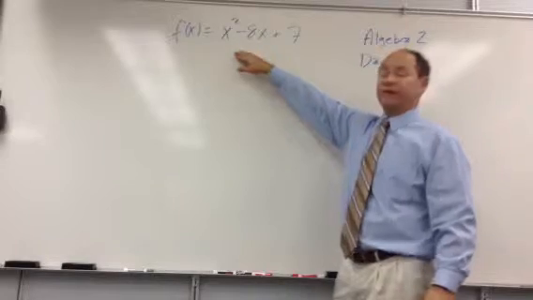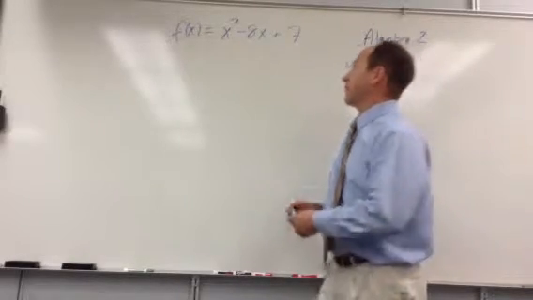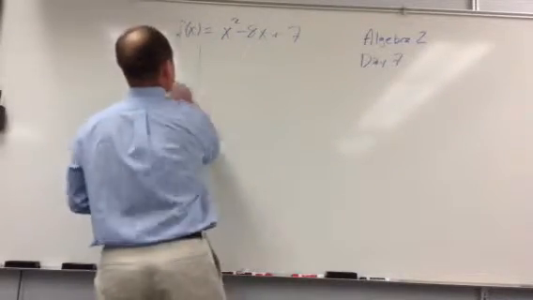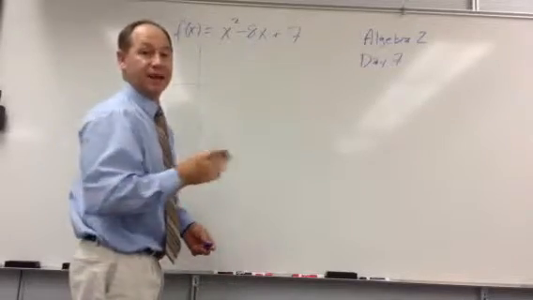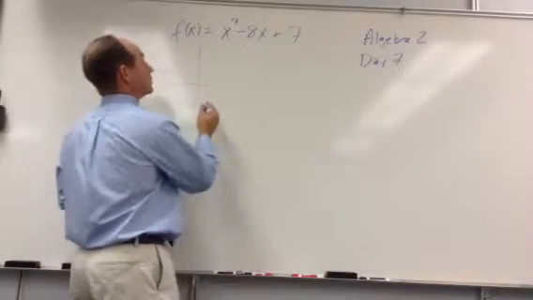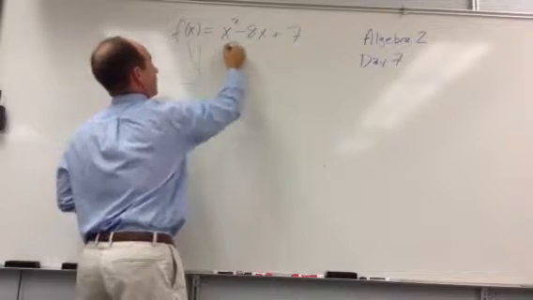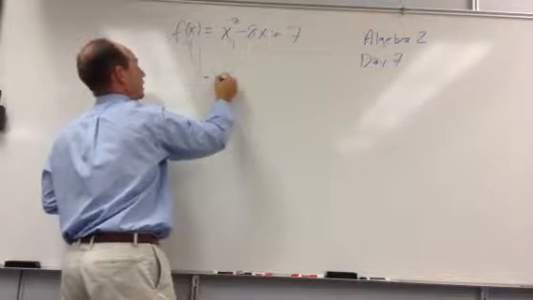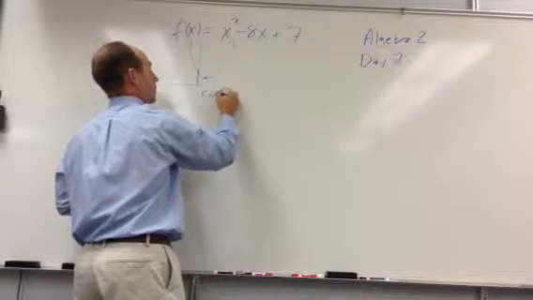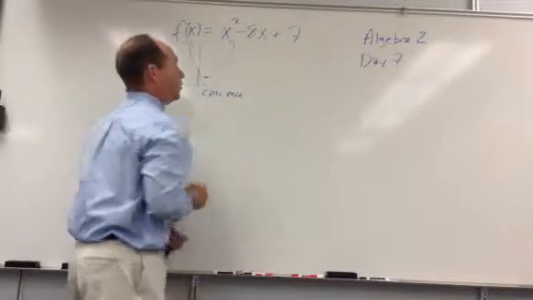We take a look at this f of x is x squared minus 8x plus 7, and you could go to your calculator and graph this, and it'll be something like this. Then you could calculate, in this case, the minimum.